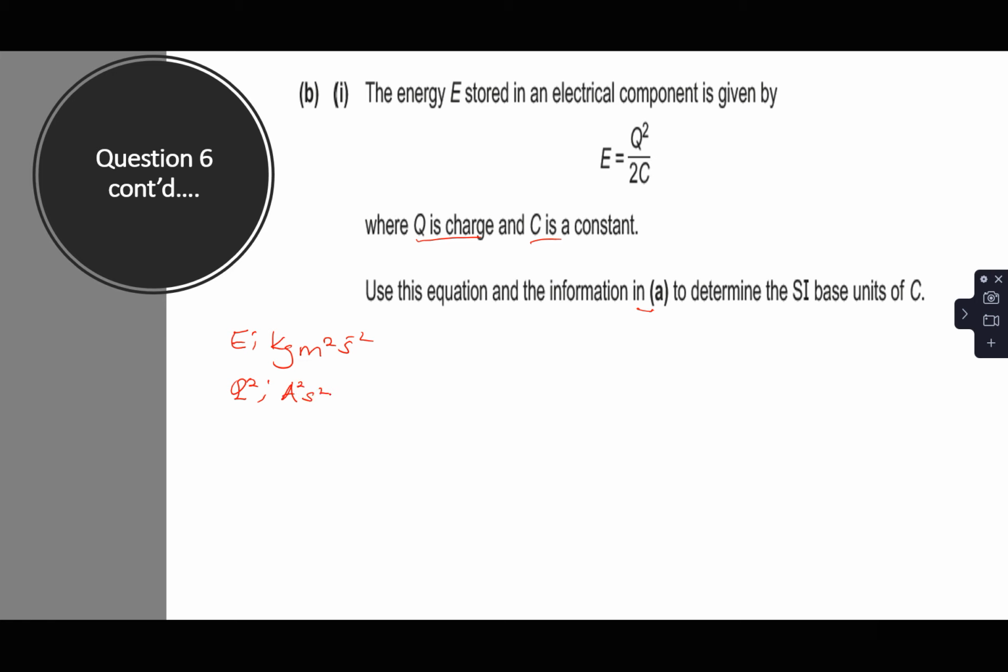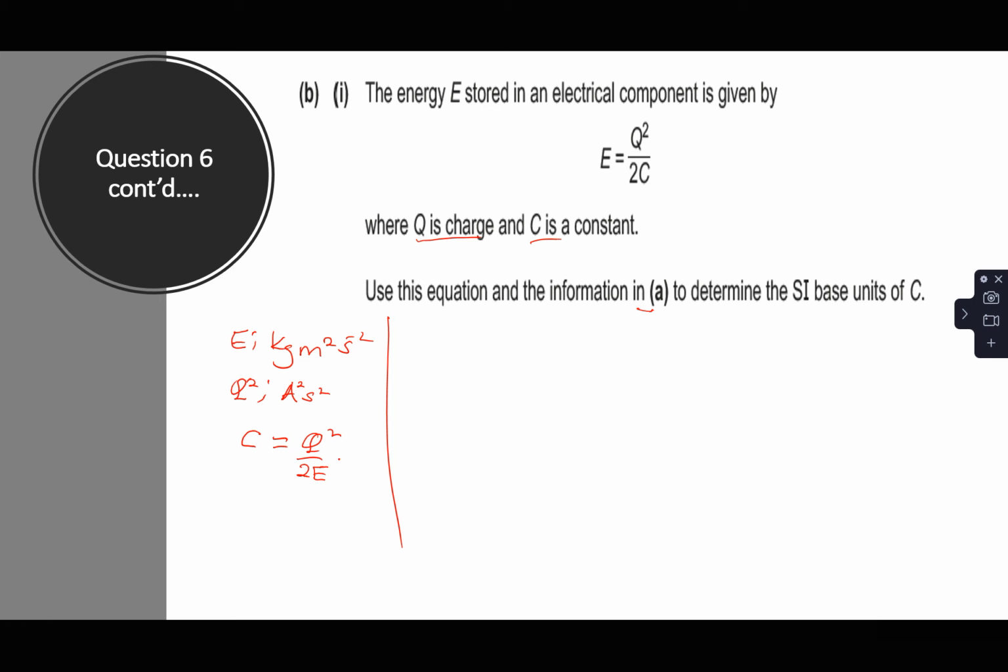Then C is a constant, and it's the quantity whose units we want. So we are making C the subject here. You notice that when I make C the subject, C will be equal to Q squared divided by 2 times E. You always notice that when I'm writing the base units, I don't include such coefficients or constants.